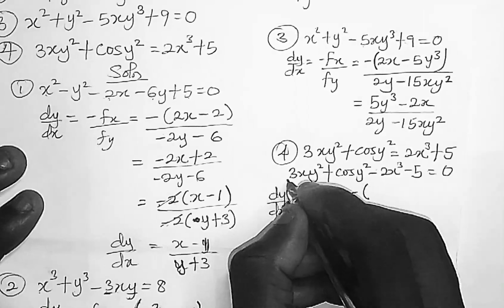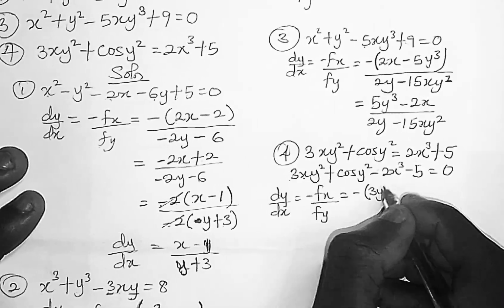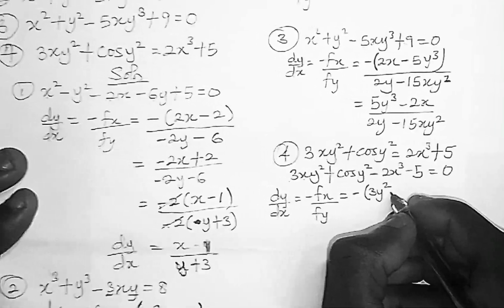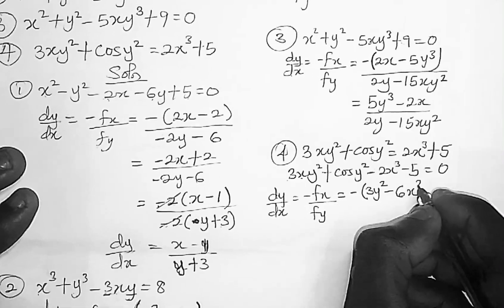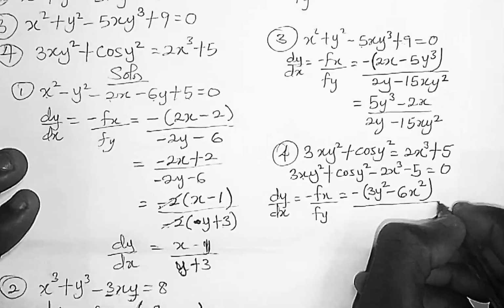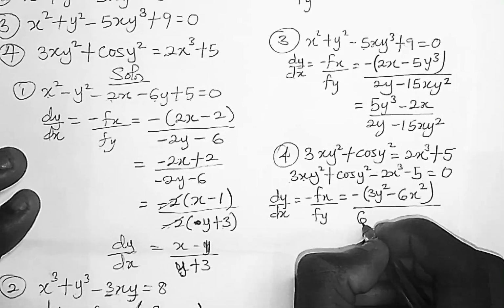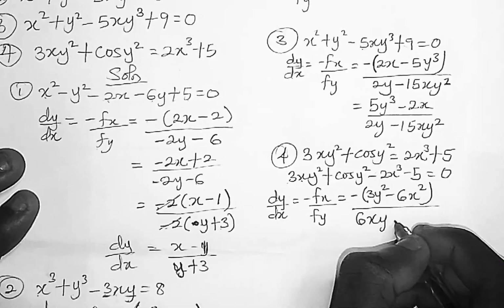And that will give us negative open bracket, differentiate 3xy squared, it should give you 3 multiplied by y squared, that's 3y squared. This is not having x, this is having x. So if you differentiate minus 2x cubed, you have minus 6x squared. All over, differentiate 3xy squared now, it will give you 6y multiplied by x, that's 6xy.